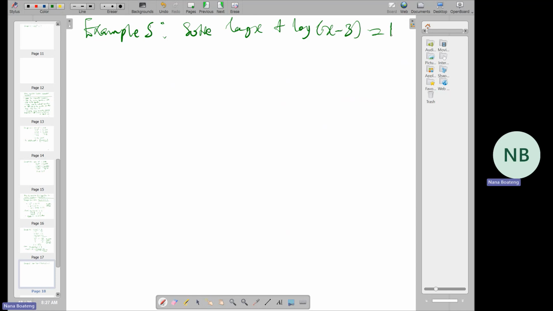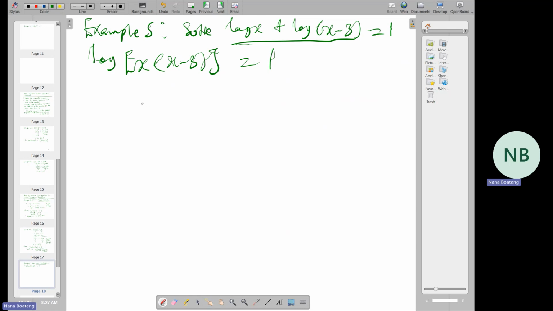So by the addition rule, we can condense this as log of x times x minus 3 is equal to 1. All right, so this is a common logarithm, so it means there is a base 10, which we typically don't write.